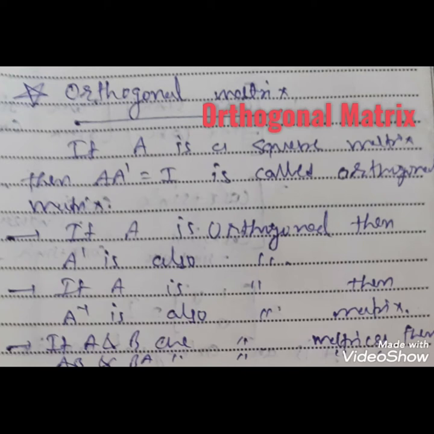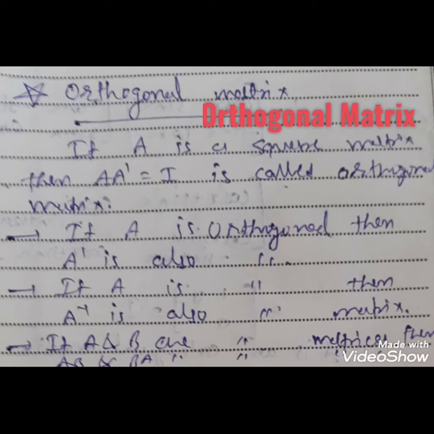First of all, remember that if any matrix A is an orthogonal matrix, then its transpose will also be an orthogonal matrix. If A is an orthogonal matrix, then the inverse of the matrix is also an orthogonal matrix.